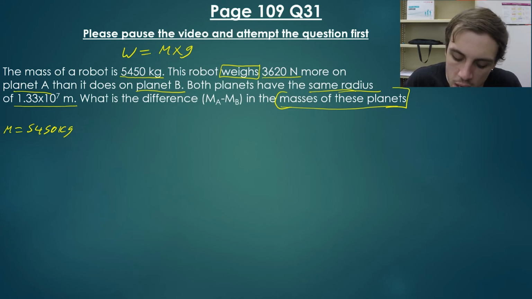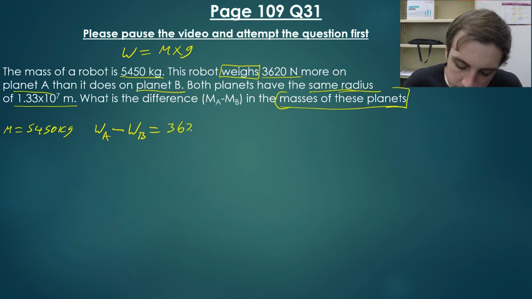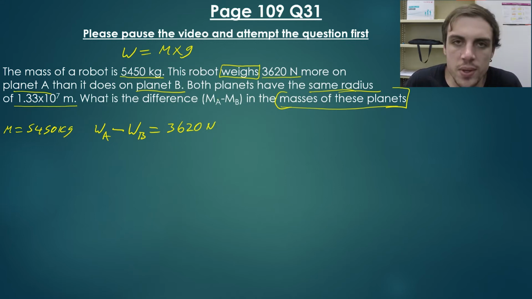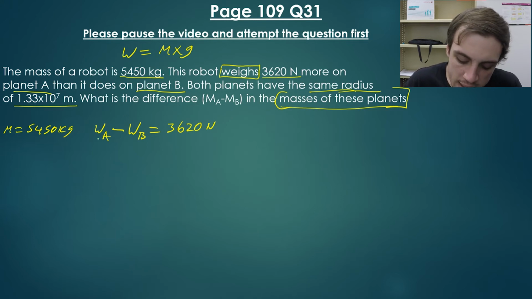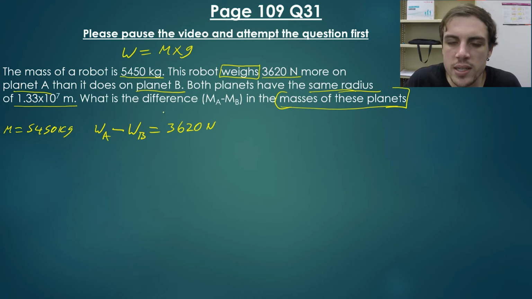What I can do is I know that the weight on planet A minus the weight on planet B is going to equal 3,620 newtons, because it says it weighs this much more on A than B. So again, this is a difference. We're seeing a bit of a theme here: we're focusing on the difference between.